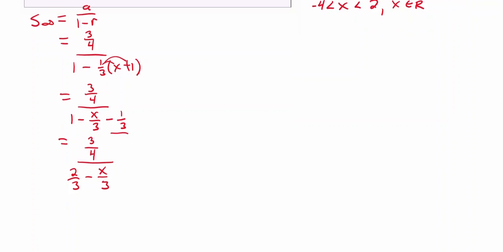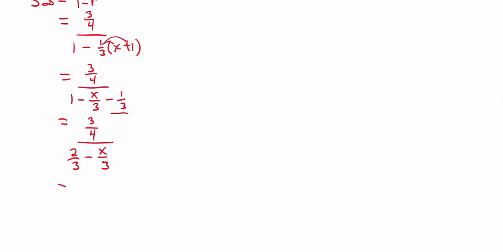Okay, so now on the next row, we've got 3 over 4 over, and now we have a common denominator already, so we've got over 3. Why don't we go ahead and just write this all over 3? So we can say this is 2 minus x all over that common denominator of 3. All right, I promise it will start looking better.